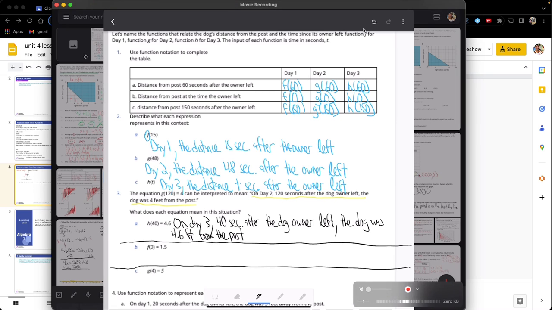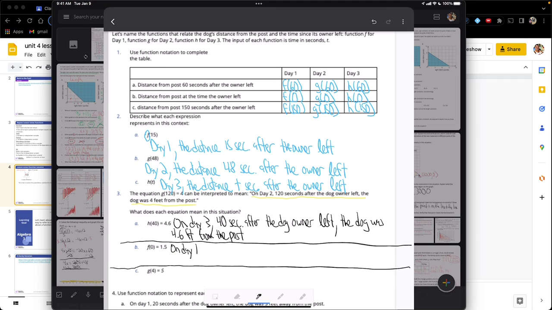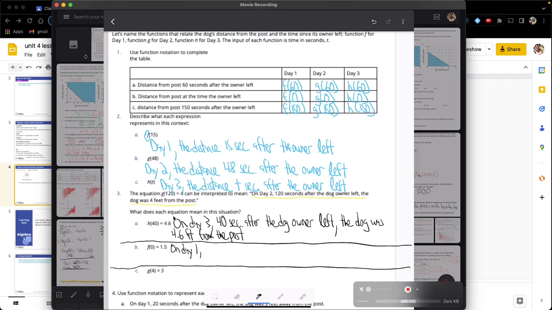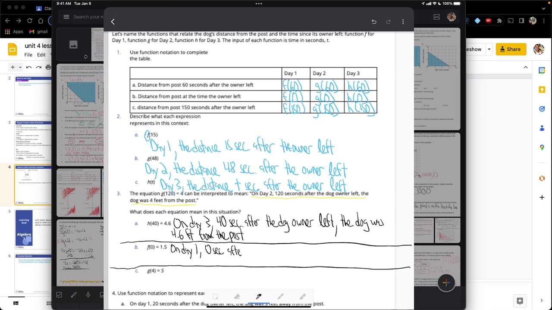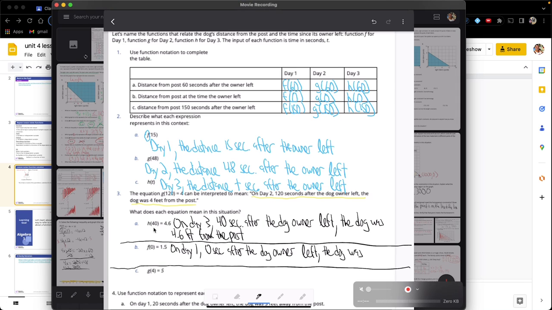So function f, up here, remember, function f is for day 1. So this is telling me that on day 1, the number in the parentheses this time is 0. So that means 0 seconds after the dog owner left, the dog was, in this case, after the equal sign, 1.5.